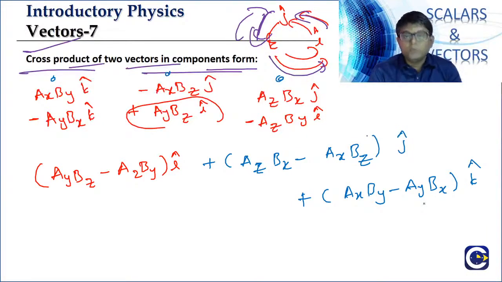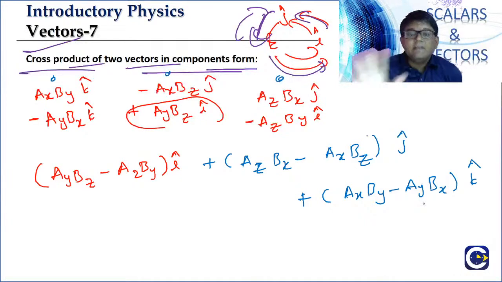You will learn finding the determinant of a matrix and do a lot of problems on that. There is an easy way to remember this cross product final value by using the determinant formula. See, all this time what we did was the derivation.